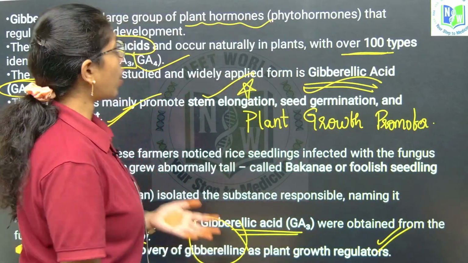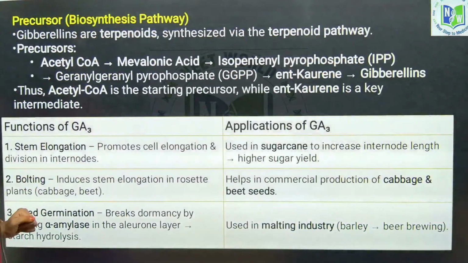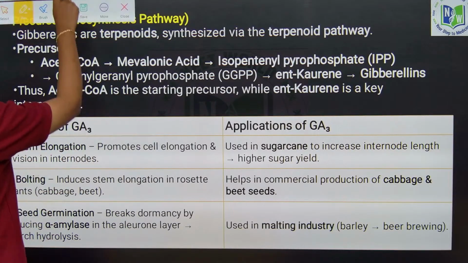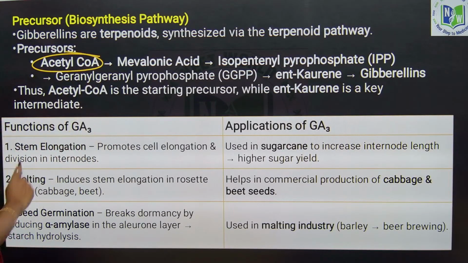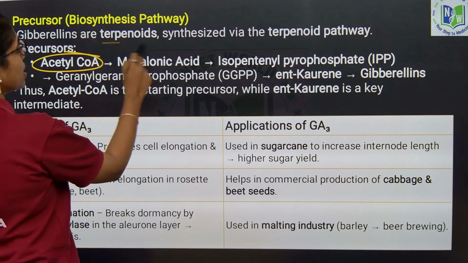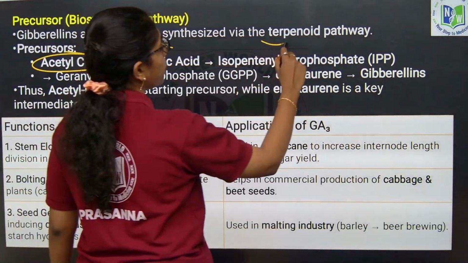Now, we learn what is the precursor and derivatives of gibberellins. Gibberellins are synthesized primarily from acetyl CoA through a biosynthetic pathway. Gibberellins are what? Derivatives of terpenes. They are terpenoid derivatives. They are synthesized via the terpenoid pathway.